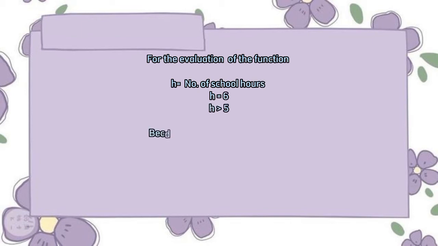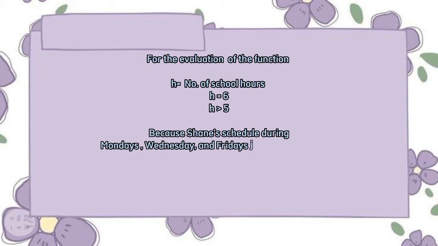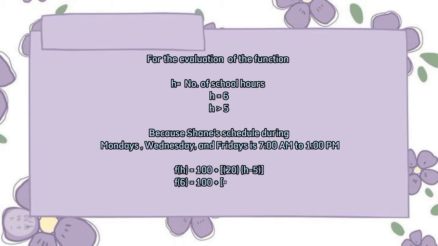For the evaluation of the function, h is equal to the number of school hours. Our given h for this problem is 6 school hours, so h is more than 5. Because Shane's schedule during Mondays, Wednesdays, and Fridays is 7 a.m. to 1 p.m., which is equal to 6 school hours. The function of h is equal to 100 plus the product of 20 times h minus 5.